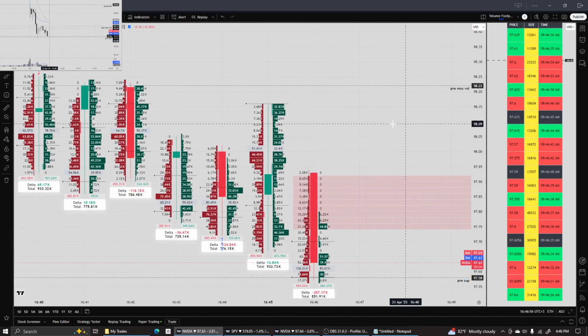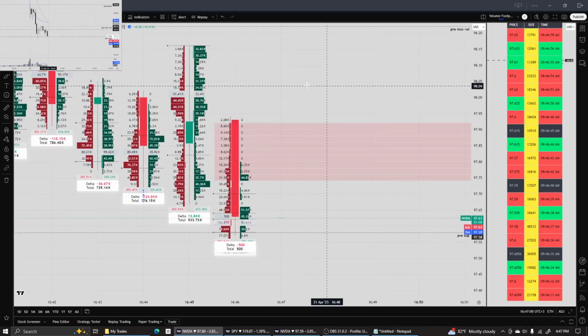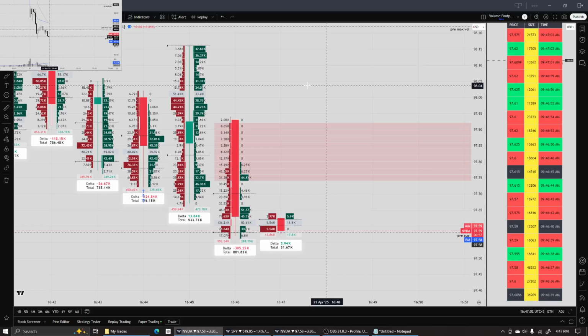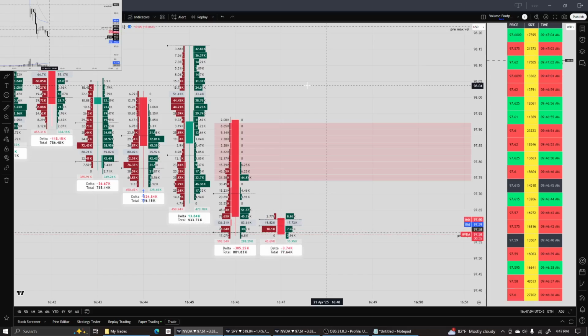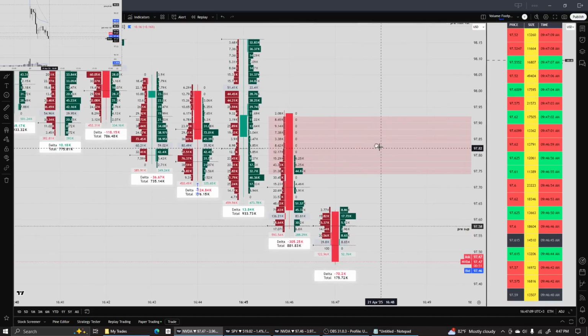Even more aggressive delta and even more. And even then the prices are being held. Something is off. But the aggression in the delta tells you one thing. The sellers are aggressive today. A lot of fear in the market.